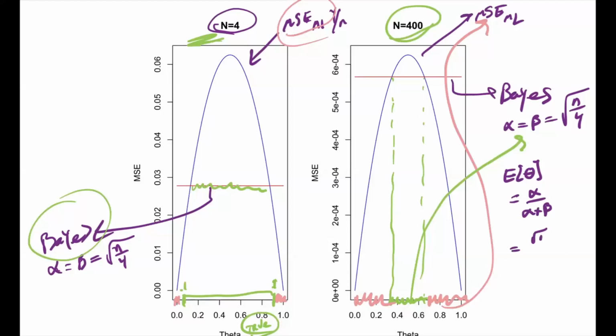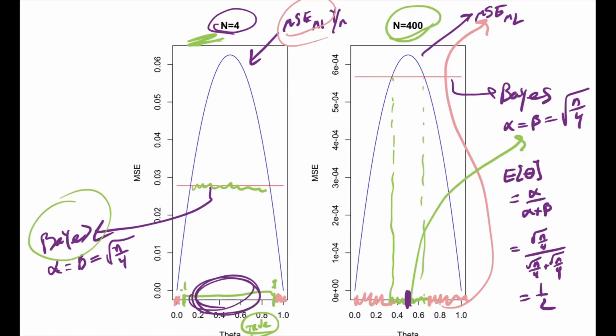So that's going to be root n over 4 over root n over 4 plus root n over 4, which is 1/2. So that Bayes estimator is assuming that the true proportion, on average, is right at 1/2. And so you tend to think it's near 1/2.